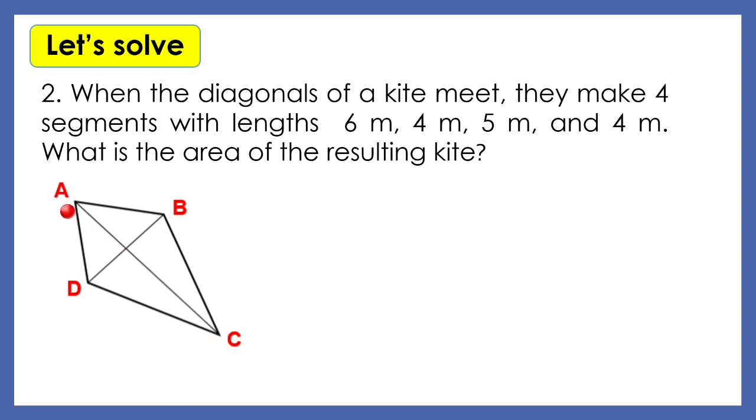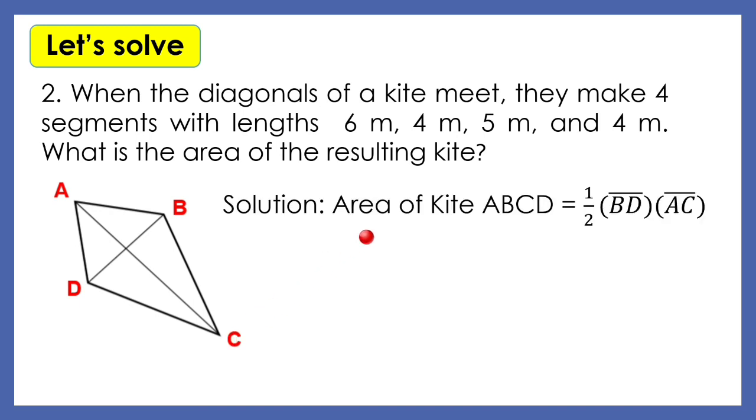So, therefore, ang line segment AC ay merong 11 meters. Based sa ating theorem on kite na ang area ng kite ay equal sa 1/2 ng product ng diagonal. So, dito sa ating example, ang kite natin is kite ABCD. Ang diagonals niya ay line segment BD at saka line segment AC.